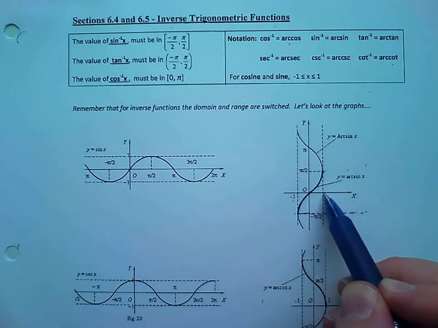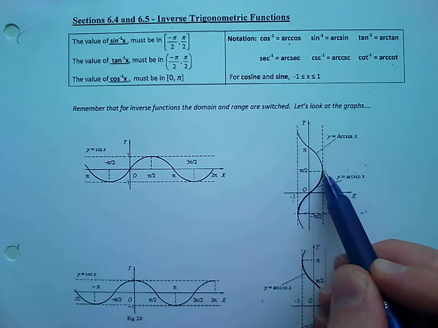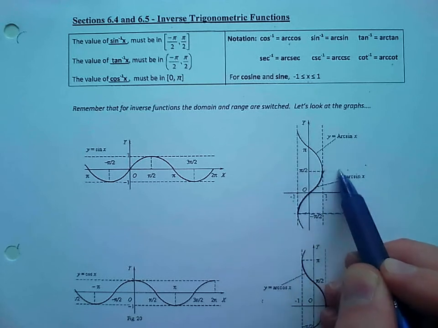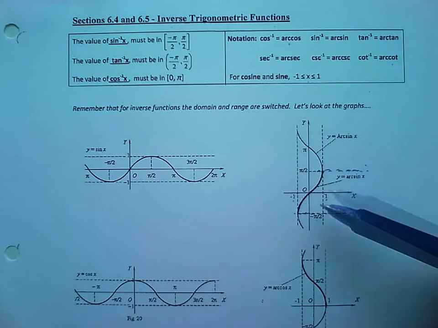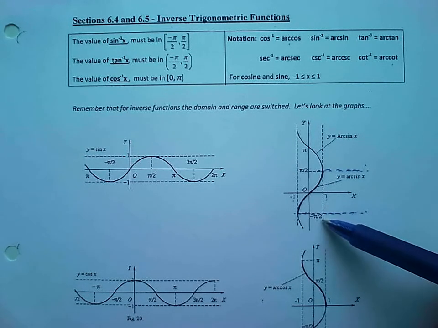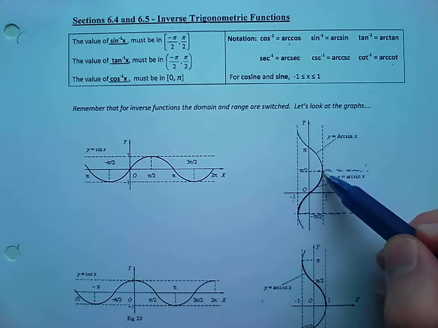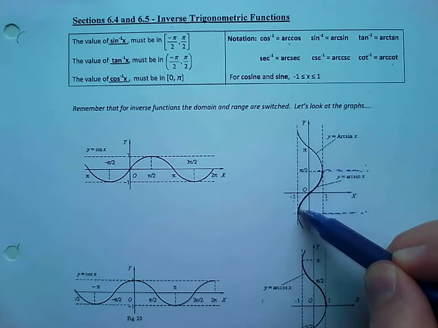And if we go all the way up to +1 for the x values, the y value would go all the way up to right up here. So if we go from -1 to 1 for x, our y values are going to go from -pi divided by 2 to pi divided by 2. So we're just focusing on this section right in here.